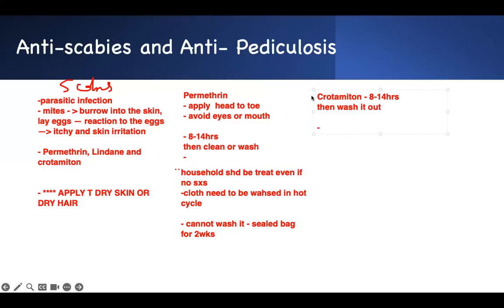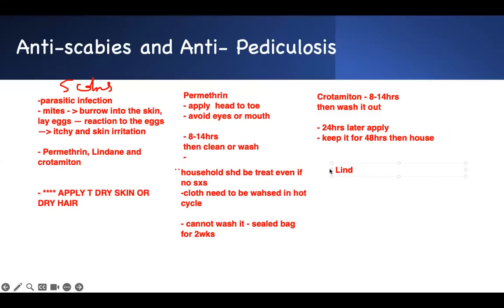But then 24 hours later, you apply it again, but this time keep it on for 48 hours, then wash it. What I mean is, you apply one day, 8 to 14 hours, then wash it out. The following day, apply it for 24 hours and wait 48 hours before you wash it. That's the key aspect of it.